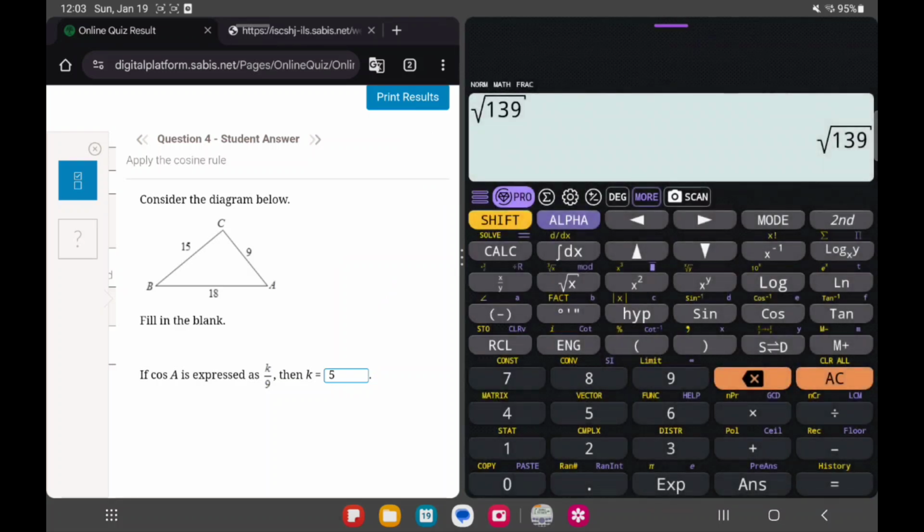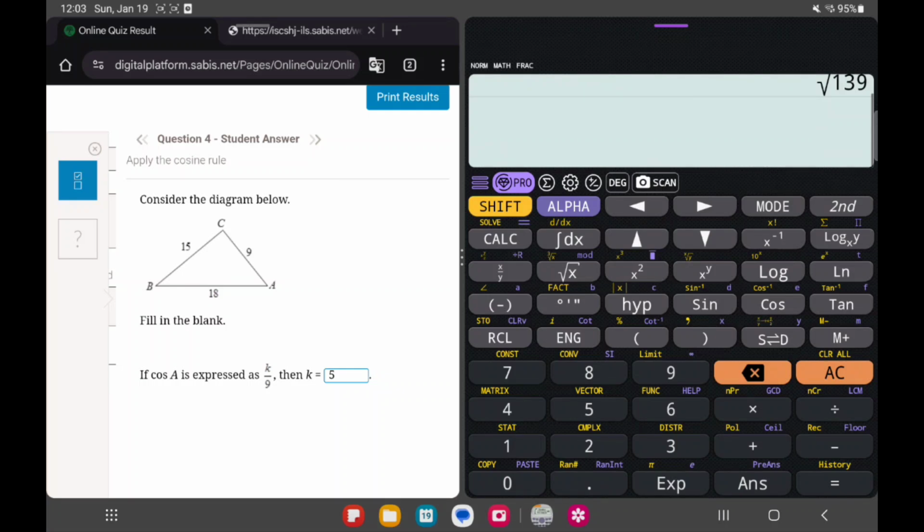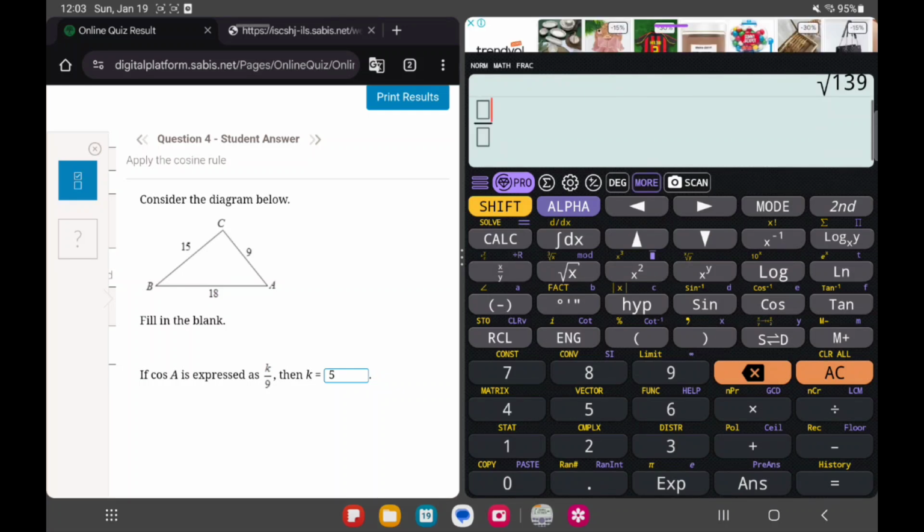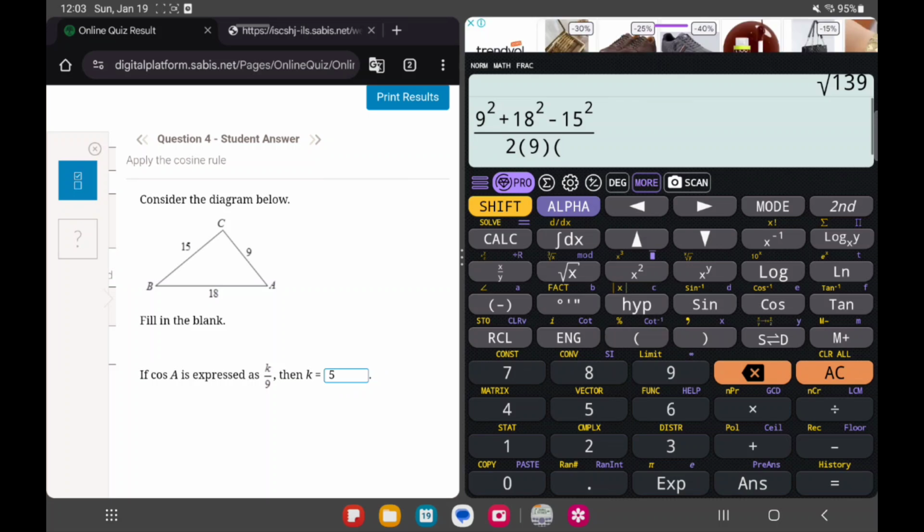Okay, so we had 9 squared plus 18 squared minus 15 squared over 2, 9, 18.